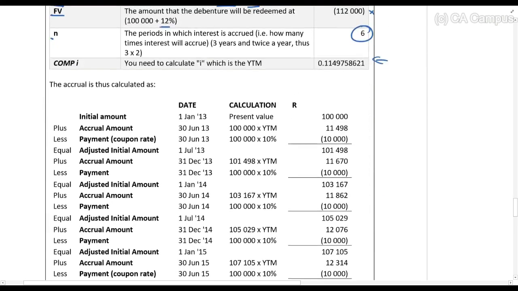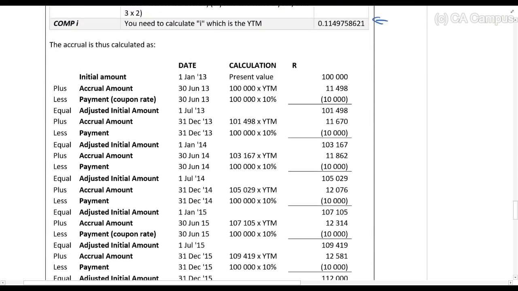Okay, so now it's the same calculation that we performed. But what I want you to pay attention to now is that we have 2 periods per year. So year is 2013, right? What are the accrual periods? We have the first one on the 30th of June, and then we have the second one on the 31st of December.